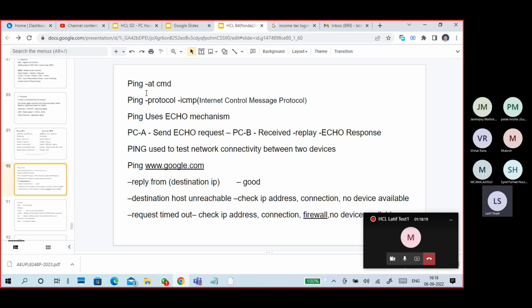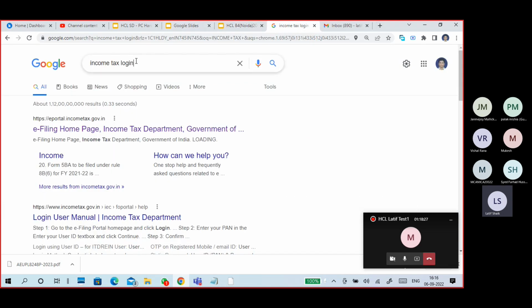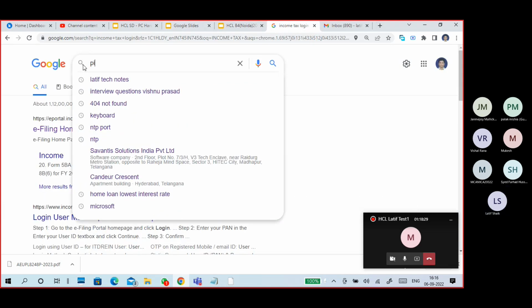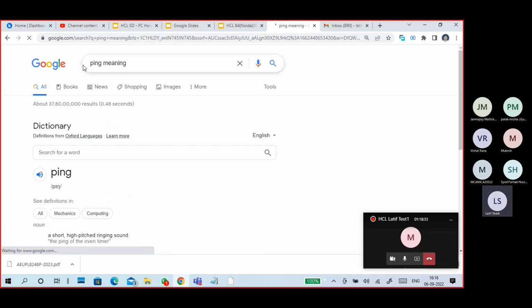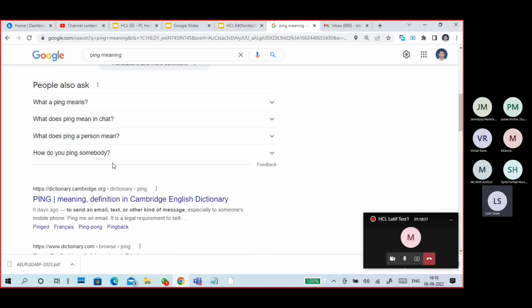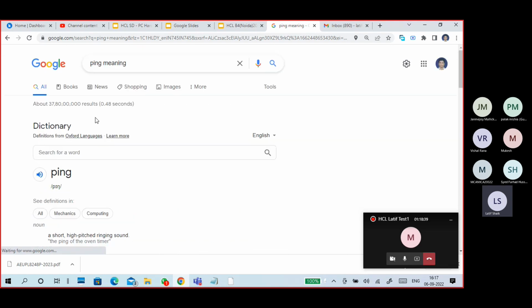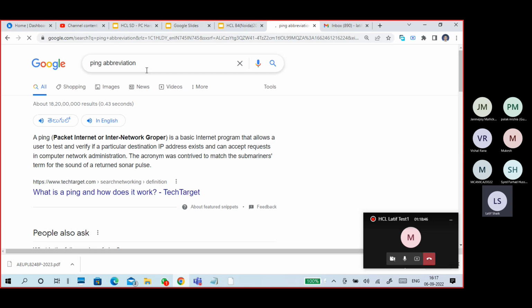Normally, the abbreviation of ping is packet internet groper. It is a network related command. Ping abbreviation in networking.